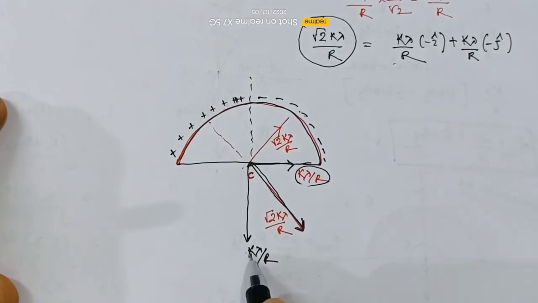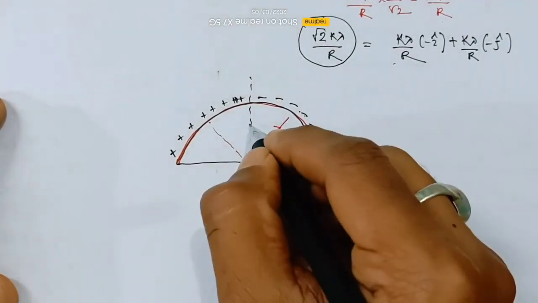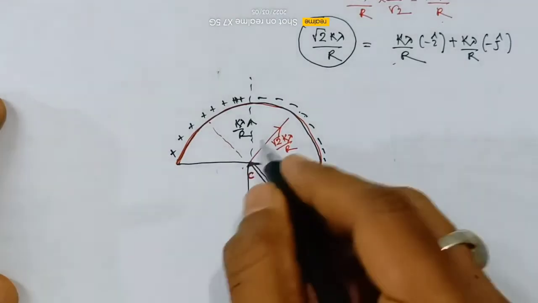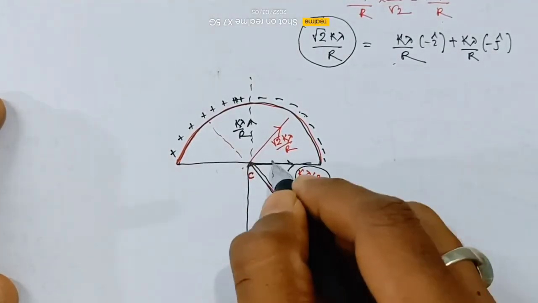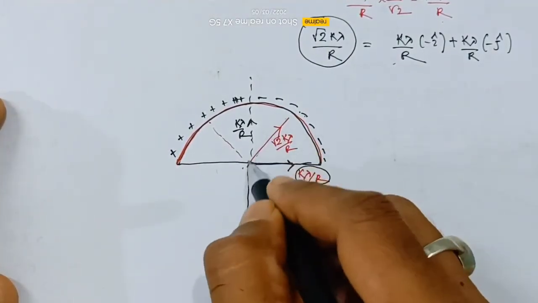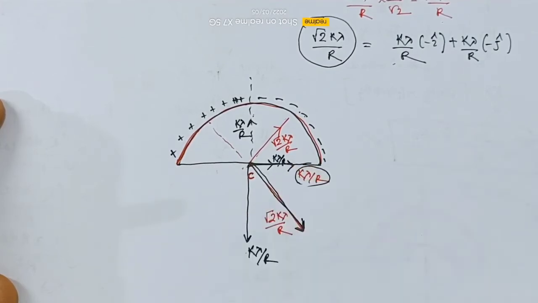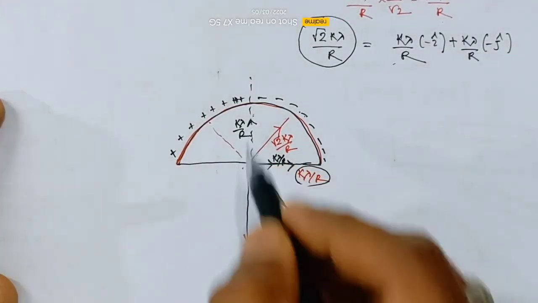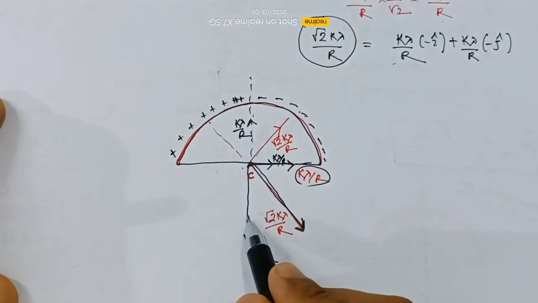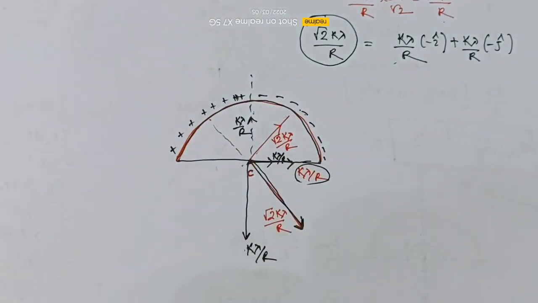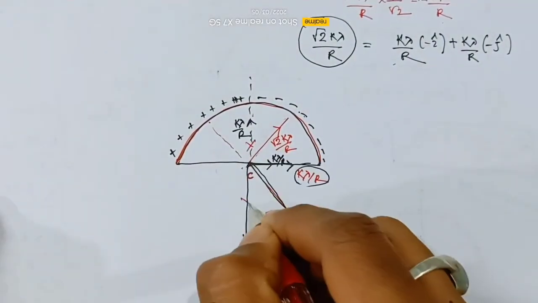So this is k lambda by r, this is k lambda by r. Similarly, this is k lambda by r, and this is k lambda by r. They are equal in magnitude but act in opposite directions. What will happen? These two things will cancel each other.